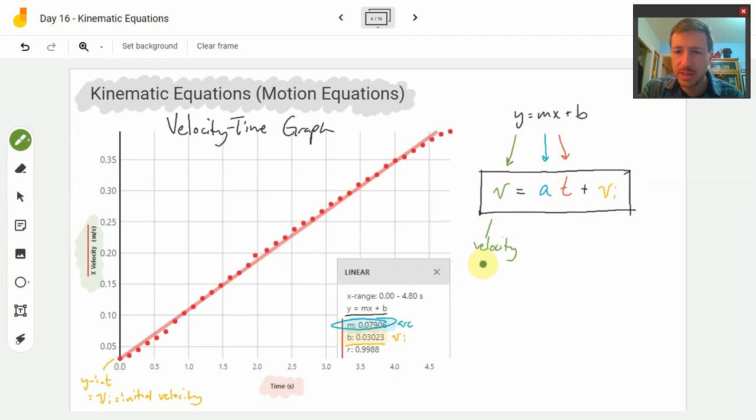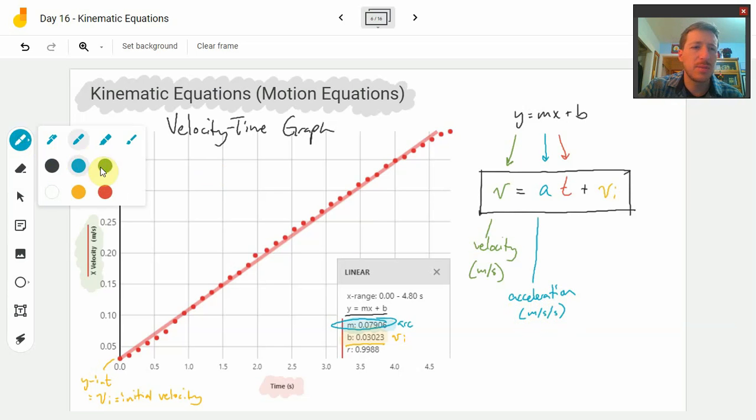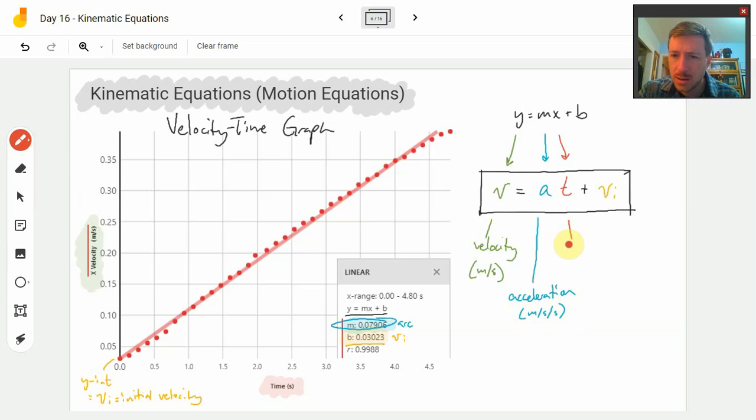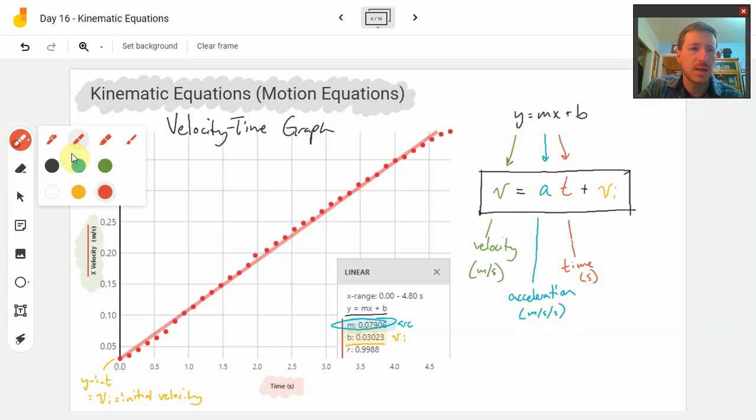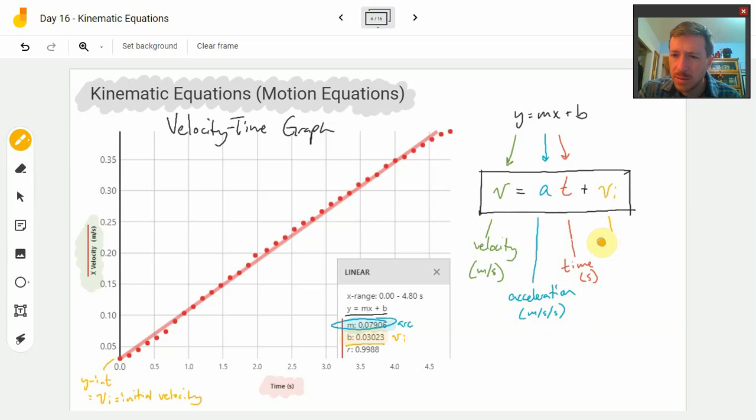Our velocity at any point in time, measured in meters per second, is equal to our acceleration, in meters per second squared, times the amount of time that has passed, in seconds, plus the starting velocity, in meters per second. That is our first kinematic equation.